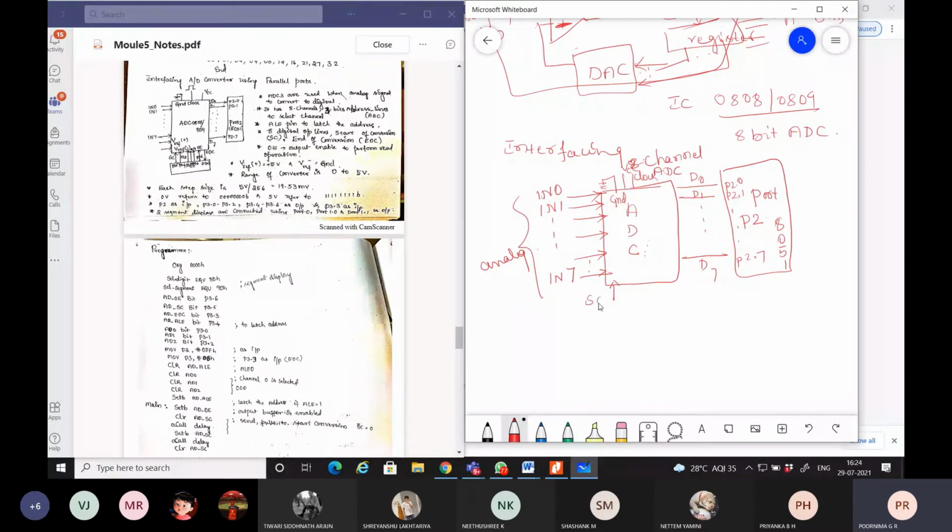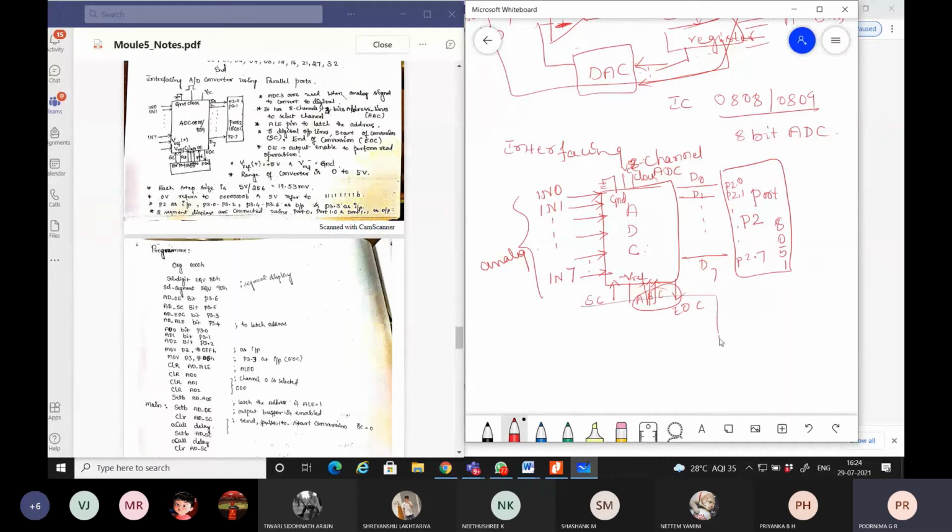Then you will have start of conversion, V reference minus, because for a comparator there is a positive reference voltage and a negative reference voltage. Then you will have 3 inputs termed A, B, C, because using these ABC, which channel of the input is to be connected to the ADC will be decided. Then there is one outgoing pulse, the end of conversion.